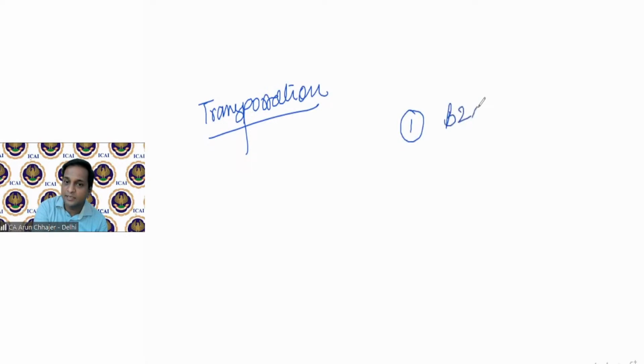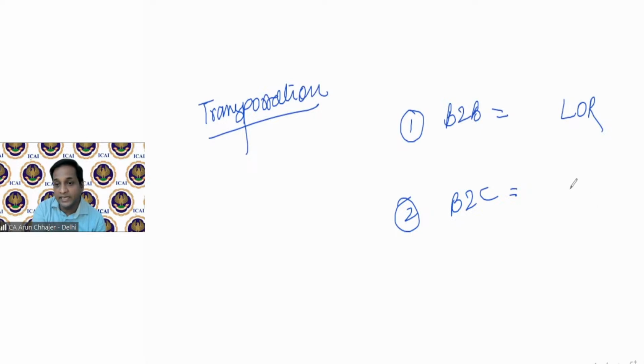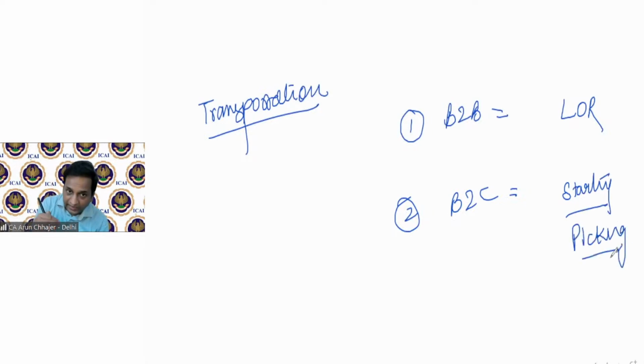If it is a registered person, then the location of the recipient. And if it is an unregistered person, service given to an unregistered person, then it will be the starting location or picking point, I can say, from where the goods are handed over to the transporter for the transportation.